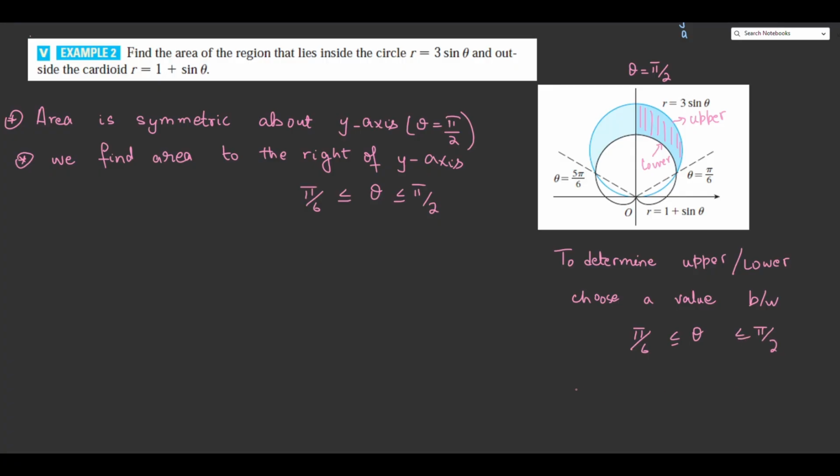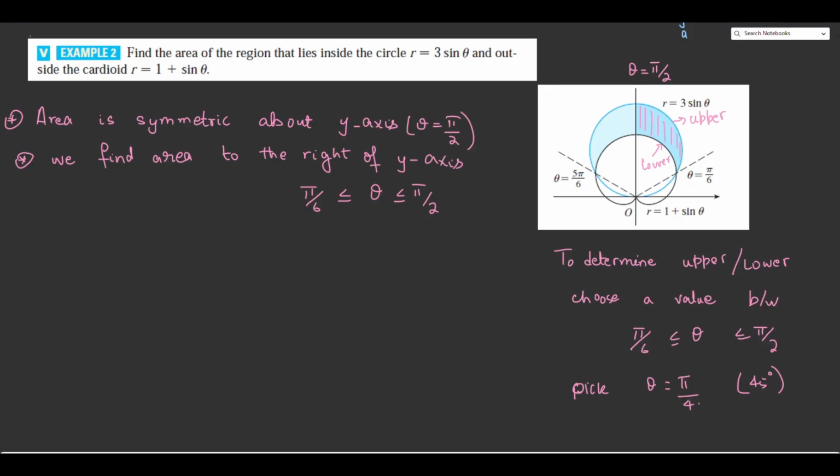Suppose we pick theta equals pi by 4, which is 45 degrees. Then you substitute this value of theta equals pi by 4 in the equation of the circle and also in the equation of the cardioid.